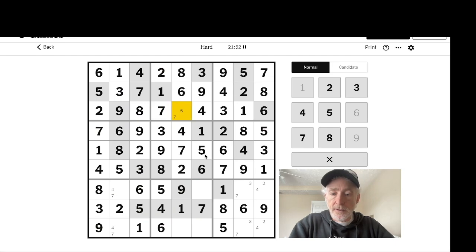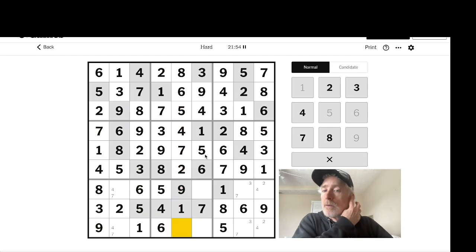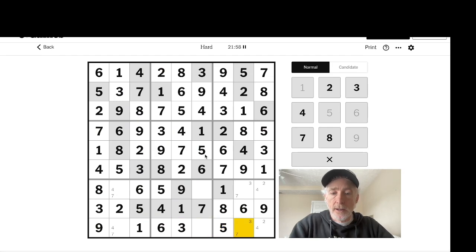This is 7, this is 5. What do we need in this column? We need a 3. Now we can come over here and resolve this pair. 3 and 7. Come over here and resolve this pair. 7 and 4. Come over here and resolve this pair. 4 and 2. And what are we down to? We're down to 2 and 8. So here's our 2 and here is our 8.